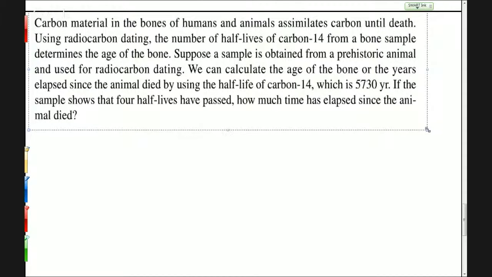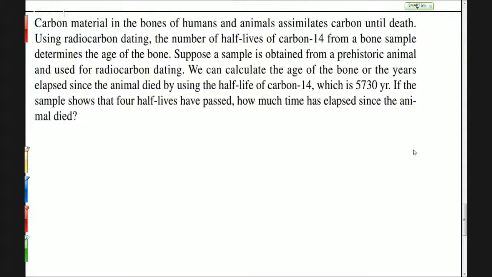We assimilate new carbon until we die, and then the carbon just sits there. So based on radiocarbon dating, you can figure out how much carbon-14 is in an old, dead living thing, plant or whatever. And depending on how much carbon-14 is there in relation to carbon-12 and carbon-13, which are the more common non-radioactive isotopes of carbon, you can figure out how old it is.